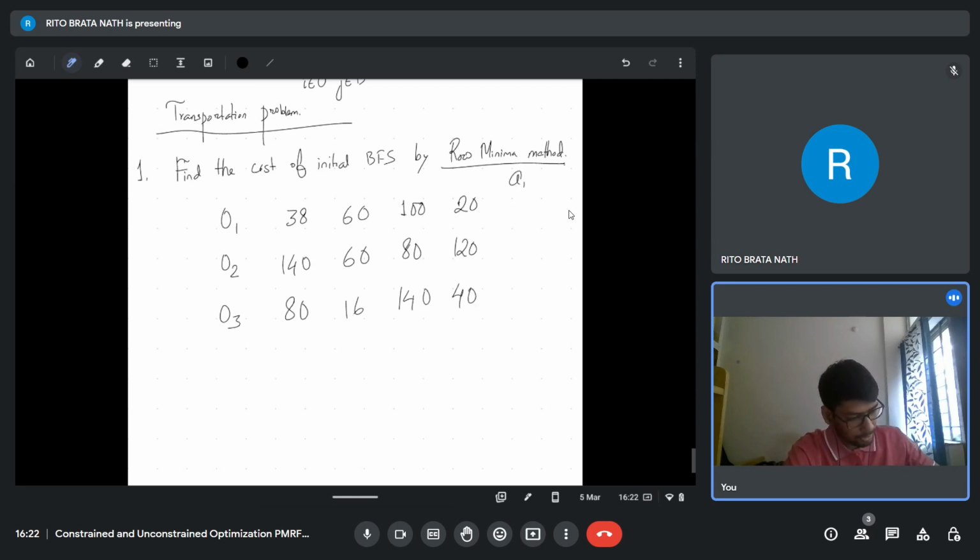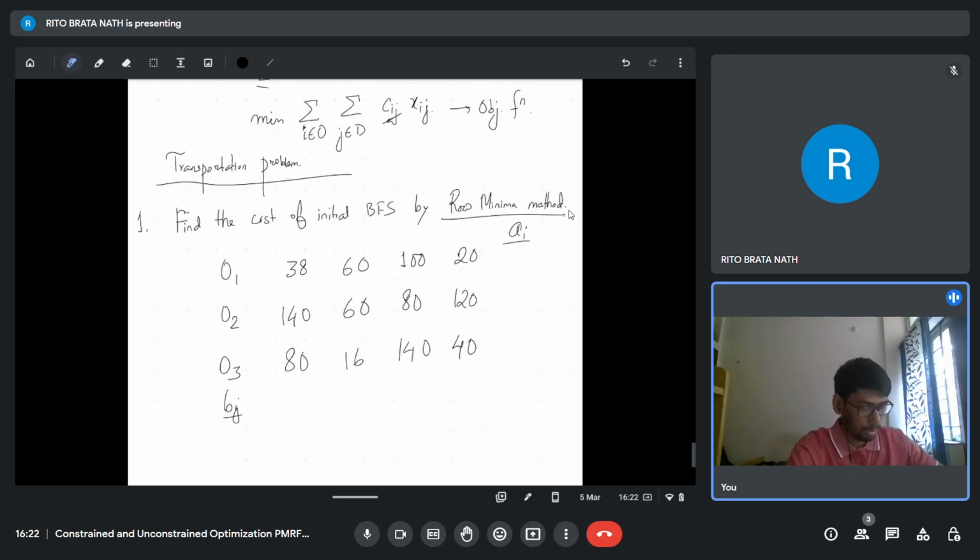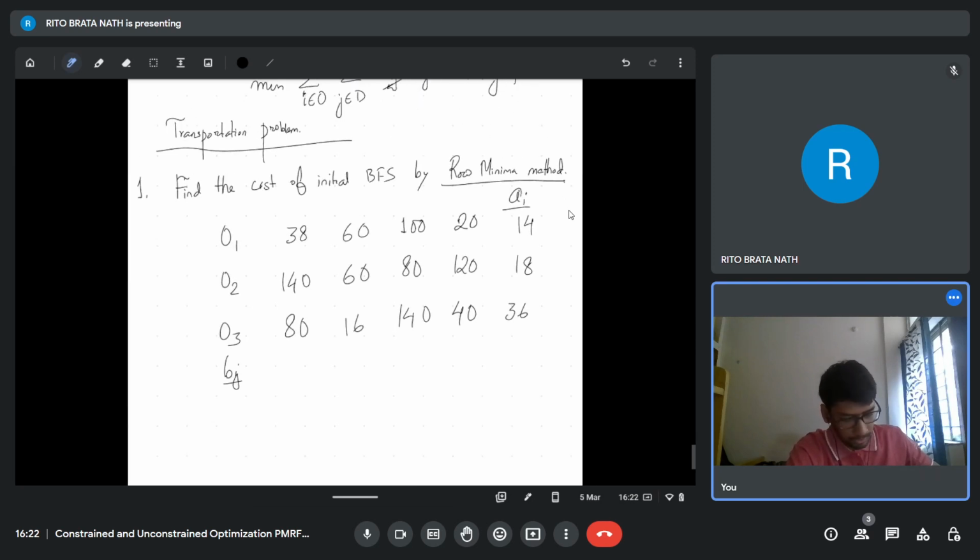These are your row sums AI, and then you have your column sums BJ. It's the amount of goods you need to transfer, or that's already present in that location, right? So let's say it's 14, this is 18, this is 36, and this is, say, 10, 16, 14, and 28. So let's add it up.